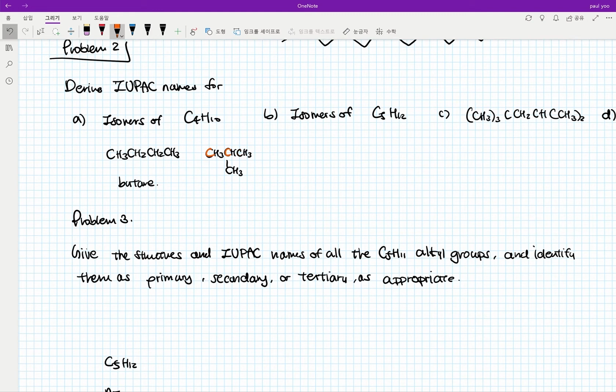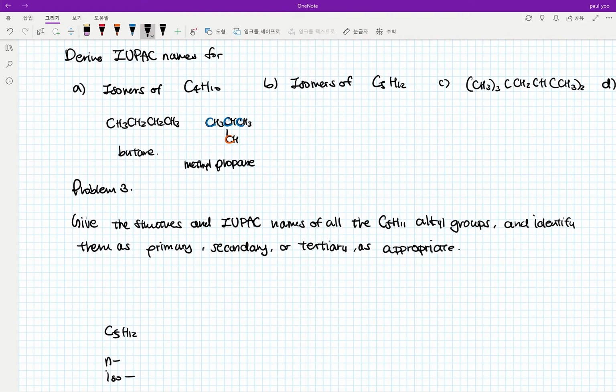Let me actually label it with blue. CCC will be the longest chain, and the C labeled with orange will be the side chain. This is going to be propane, the parent group, and it has a methyl group attached to the second carbon. So 2-methylpropane will be the IUPAC name.